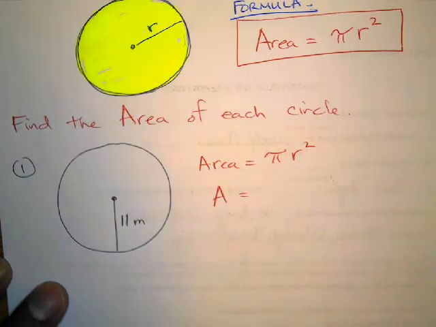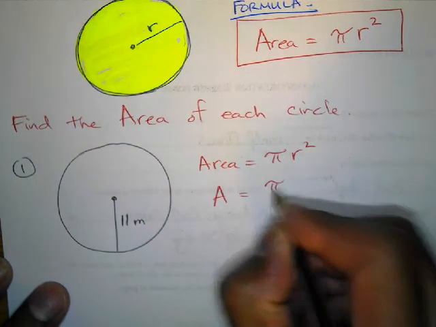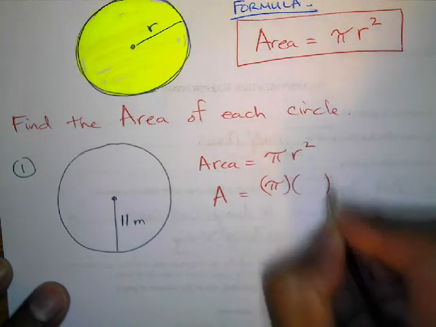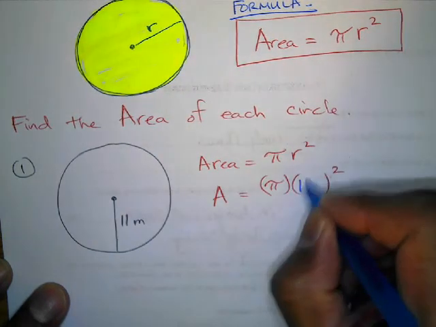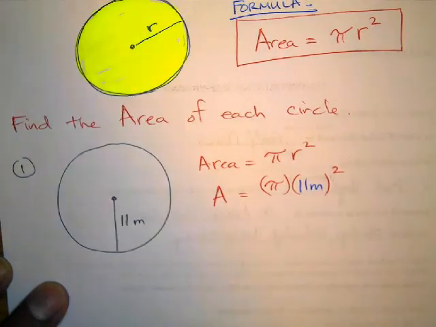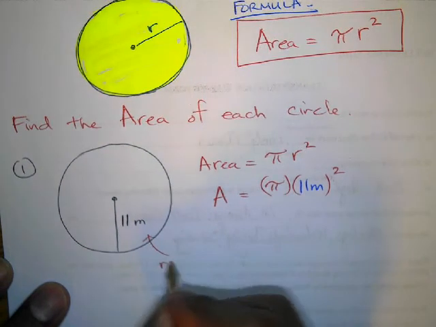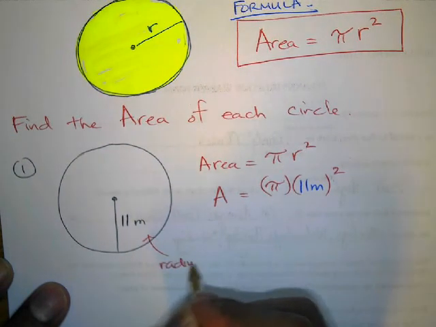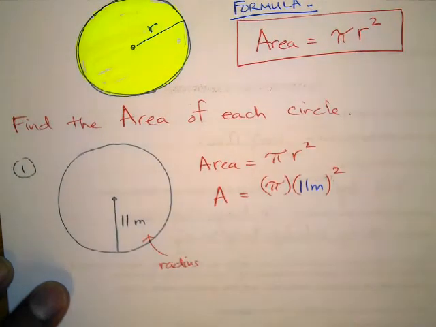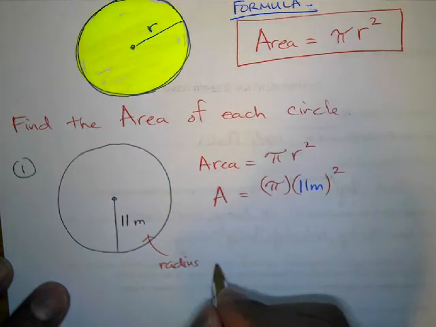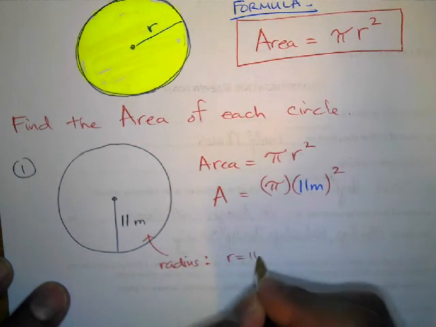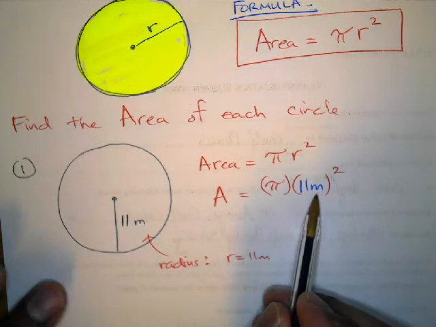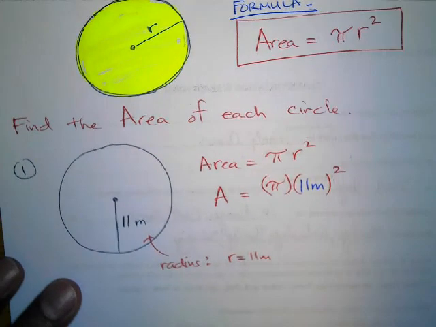So that's going to be A. We'll just put A for area is equal to pi times, and I have to do what to the radius? I have to square it, and the radius is 11 meters. That is the radius. All right, r is equal to 11 meters. We'll just put it there.